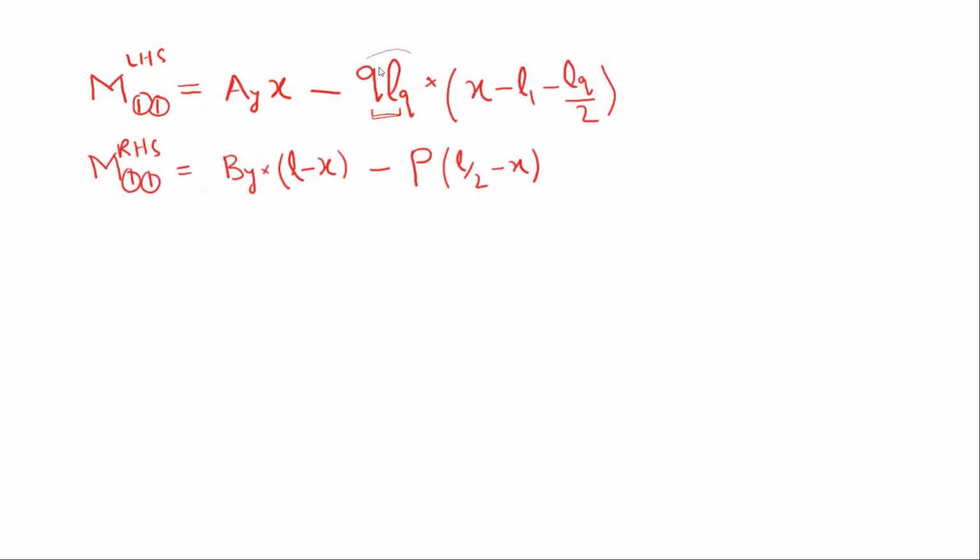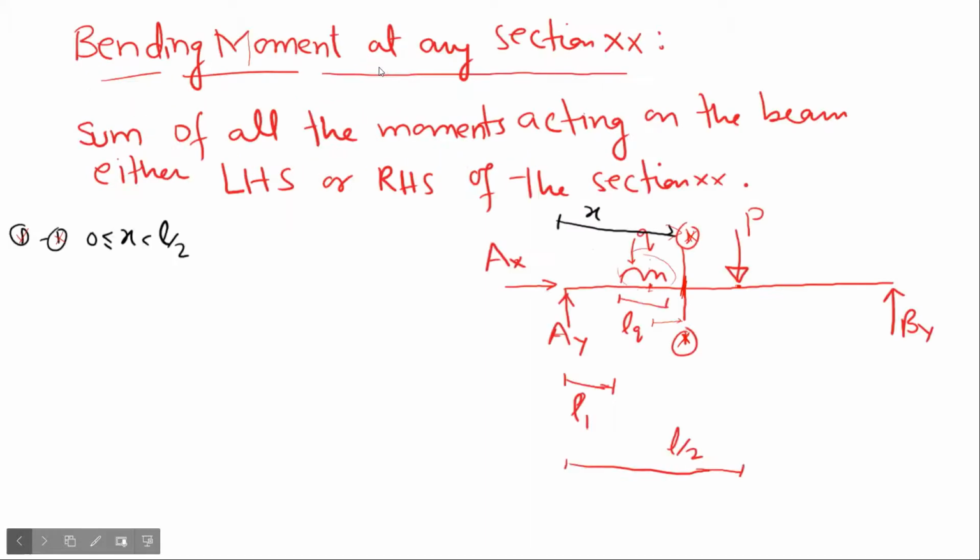This is the distance we multiply with the distributed load lq, so we get the moment with the left hand side. And on the right hand side, By into l minus x, because the section is at x and the total length is l, so l minus x is the distance from here to here.